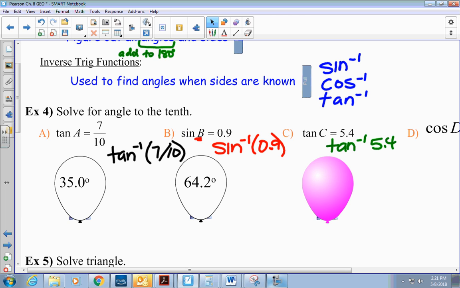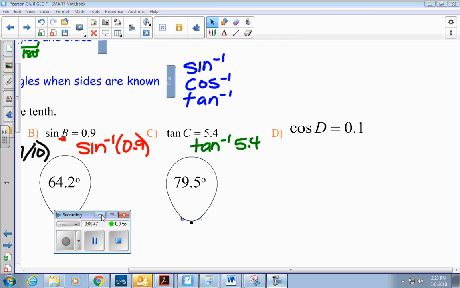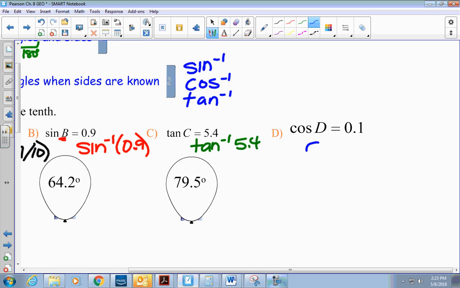You guys should be getting the hang of how to use your calculator to do the inverse thing on there. You hit second. 79.5. All right, so when we inverse cosine of 0.1, we get 84.3.